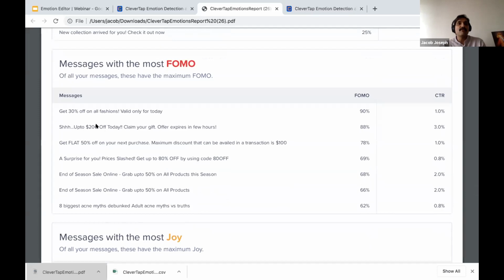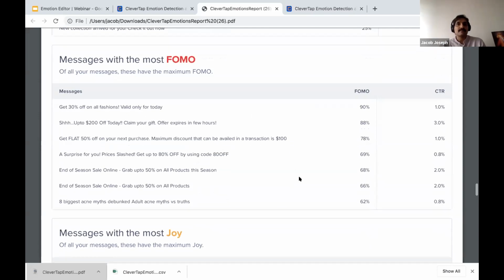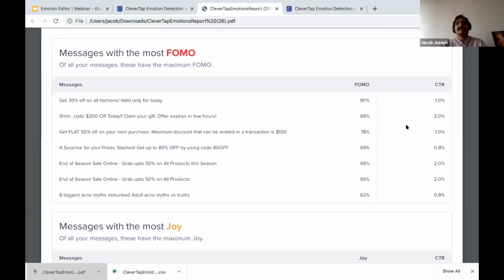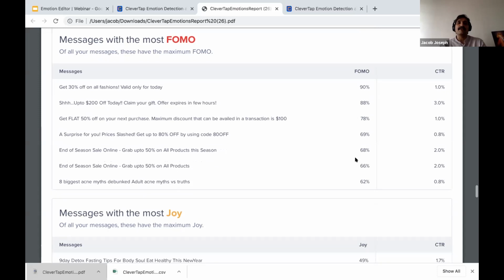If you're talking about FOMO: get 30% off on all fashions, valid only for today. This had a 90% FOMO. So this was a top one. And we also have the CTR against it, but CTR is not arranged in descending order. Only the percentage of the emotions is arranged in descending order.